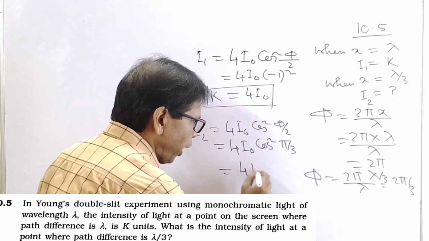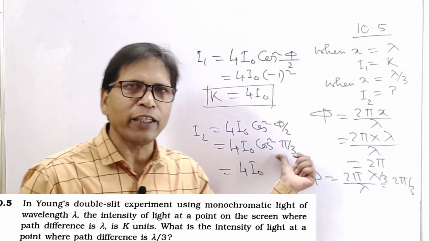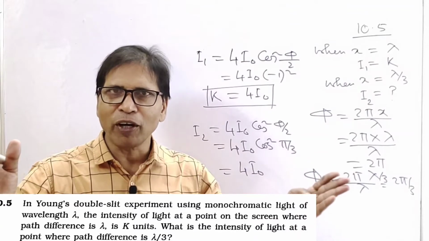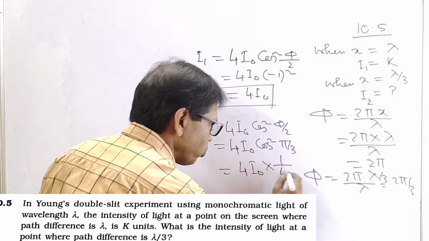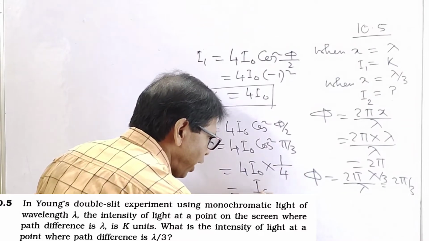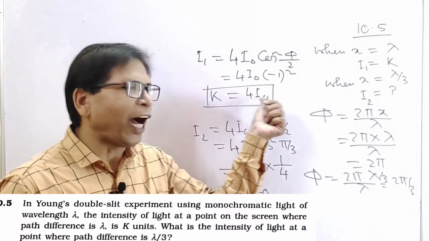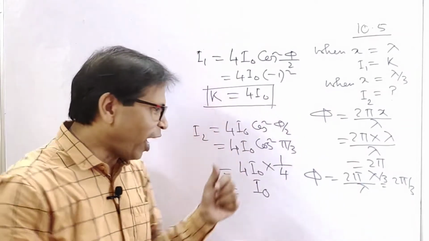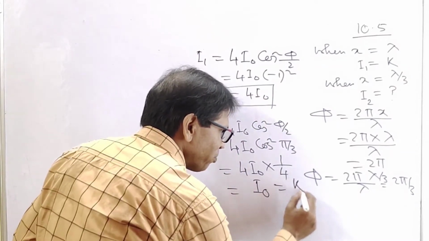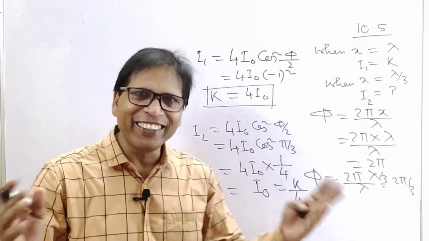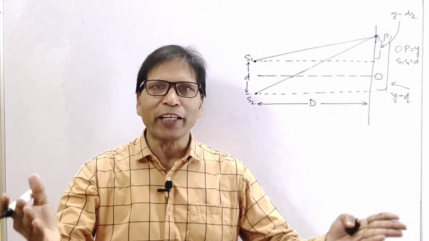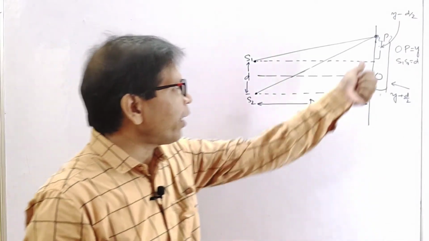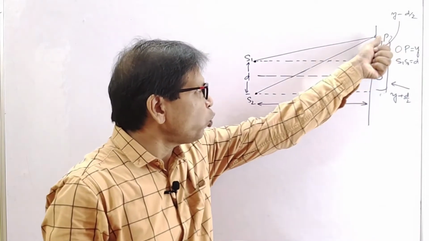So this is 4 I naught cos square pi by 3. Cos pi by 3 is half, whole square is 1 by 4, so this is I naught. Now 4 I naught equals k, so I naught becomes k by 4. Okay, understood? Now next.